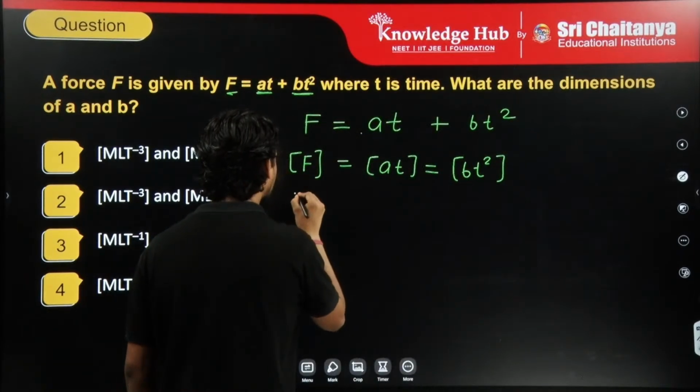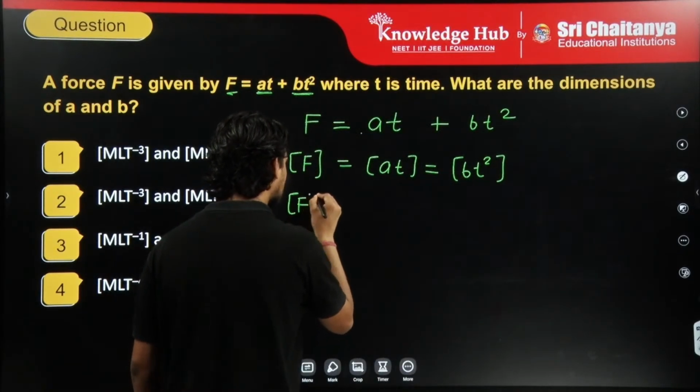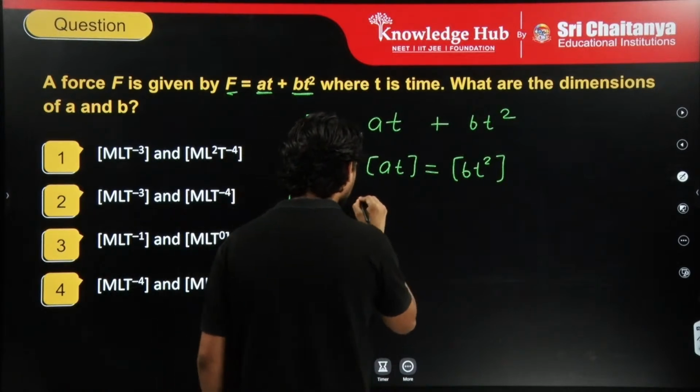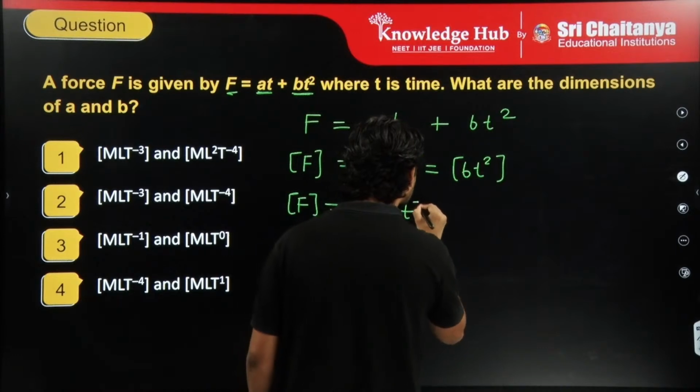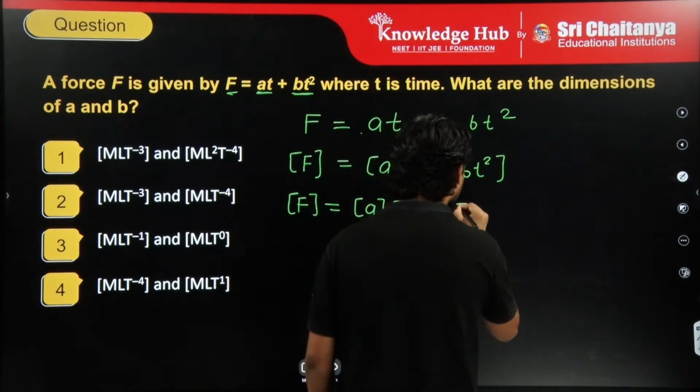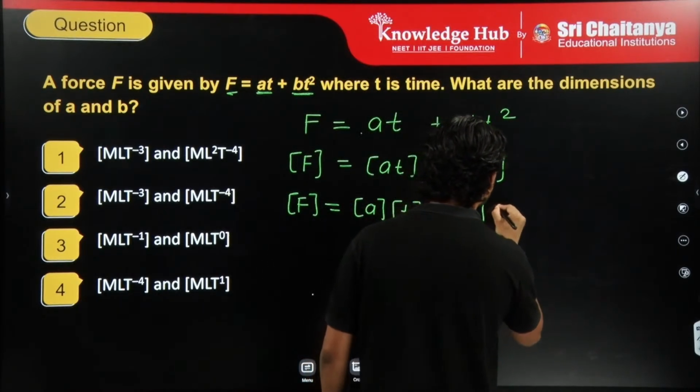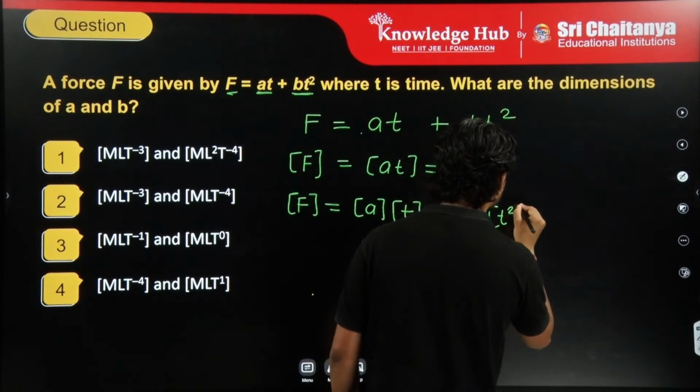So this becomes dimension of force is equal to dimension of A into dimension of T, is equal to dimension of B into dimension of T square.